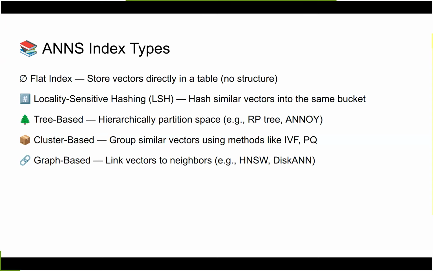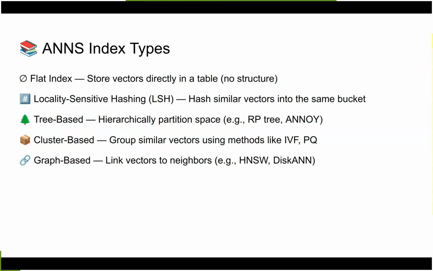Also, there are cluster-based indexes. Usually, people combine some compression approach with the cluster-based index because by storing the clusters, you're basically doing some compression over your vectors. You are compressing your vectors to the centroids they belong to.